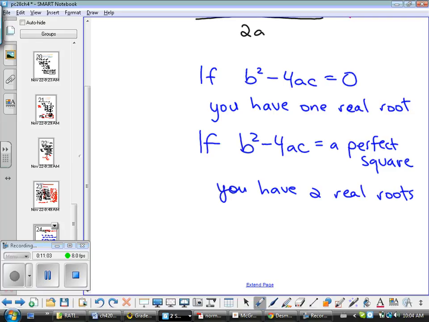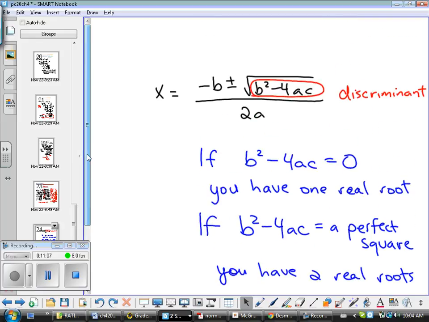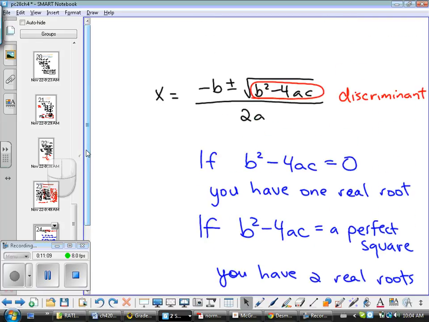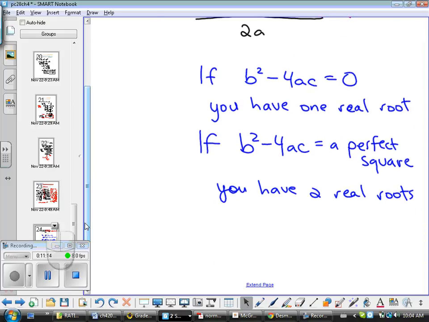Now, if you are not fortunate enough to have a perfect square, then you're going to have a radical, and you'll have two different roots, and they're both going to be real.